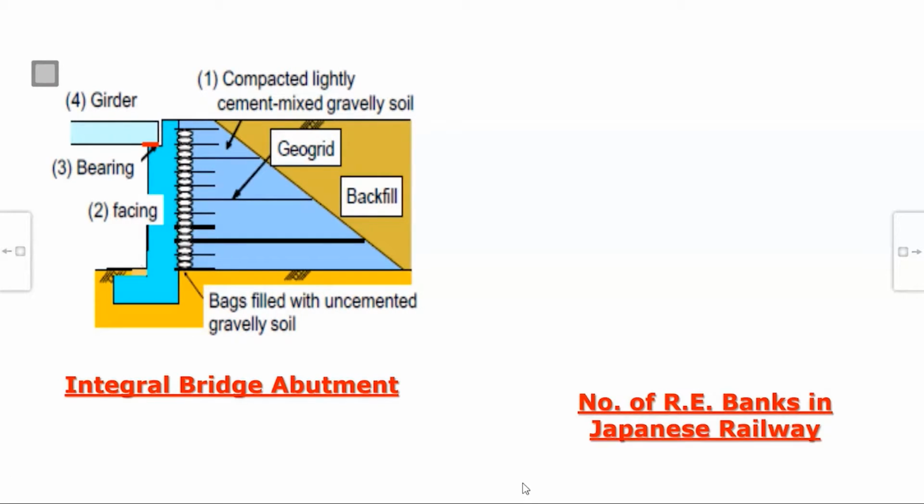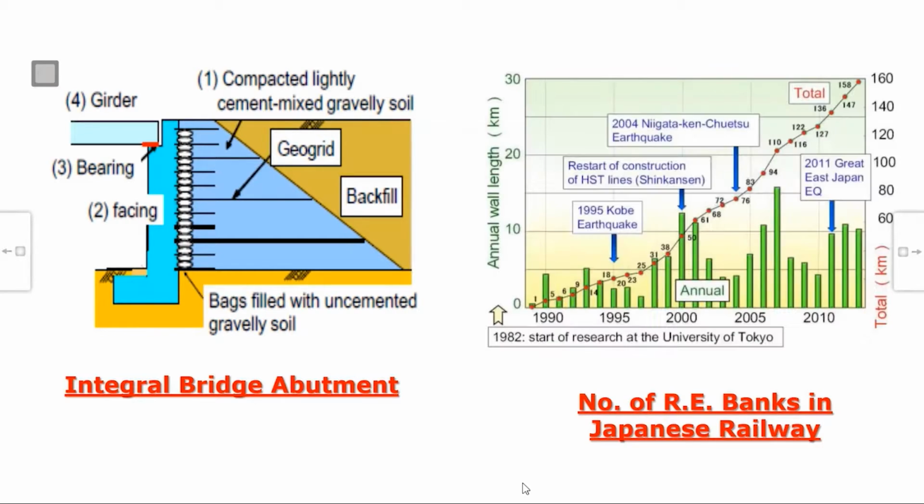And if you see their progress of RE works, or the number of RE abutments in Japan, this is the time, year-wise. In 1982, they started the research at the University of Tokyo. And their first RE abutment, somewhere here, 1989 or so, they constructed.